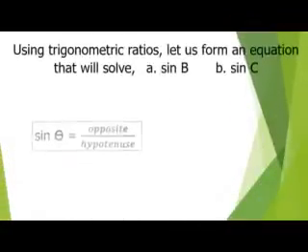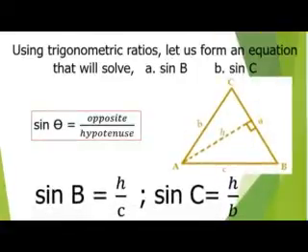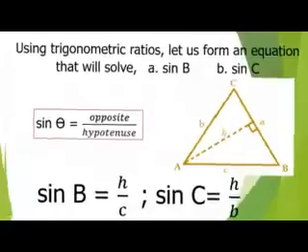Using trigonometric ratios, let us form an equation that will solve for sine B and sine C. Using again the formula for sine theta of the right triangle, it is equal to opposite over hypotenuse. Therefore, sine B is equal to h over c and sine C is equal to h over b. Step 7.